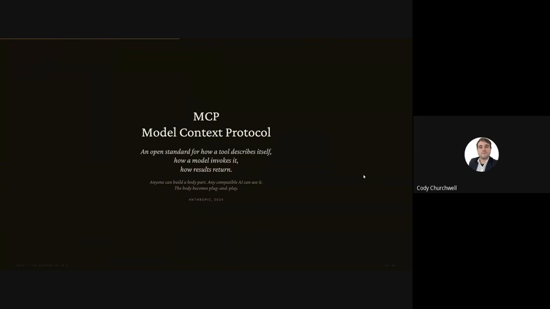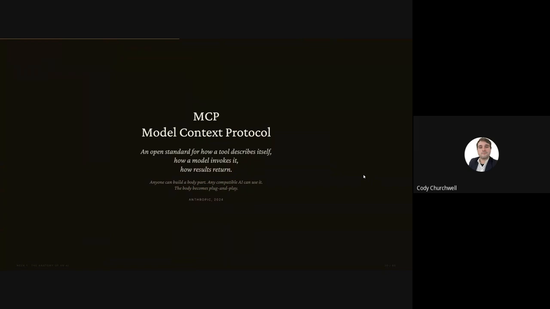Now, in 2024, Anthropic published something called MCP, or Model Context Protocol, which is an open standard released by Anthropic in late 2024. It describes how a tool advertises its capabilities, how a model invokes it, and how the results return. The point is modularity, plug and play. Anyone can build a tool server.